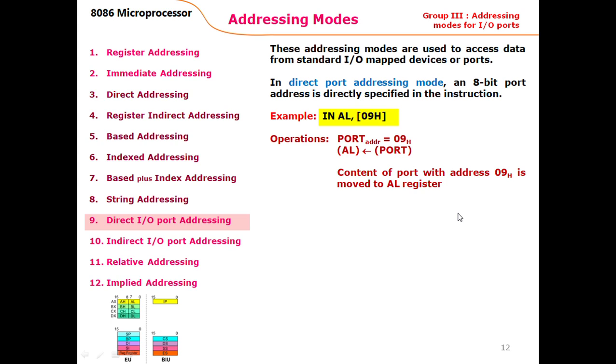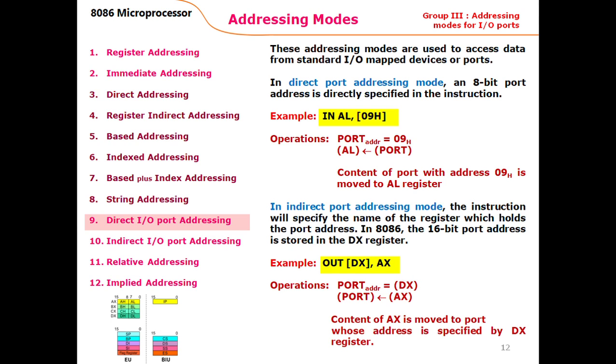So the content of the port with address 09H is moved to the AL register, and this is what happens in the IN instruction. So in direct input and output port addressing, the port address is directly specified as part of the instruction, while in indirect IO port addressing, the address of the port is indirectly provided through a register. For example, it's an output instruction.